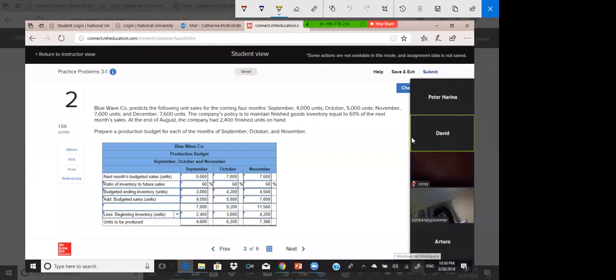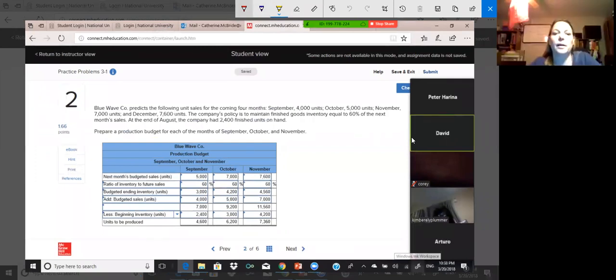So what we're doing is we're starting out with what we need to have. I guess when I see September up there, I see 4,000. Then when I see down here, I see 5. Because first we're figuring out what we need left at the end of the period.